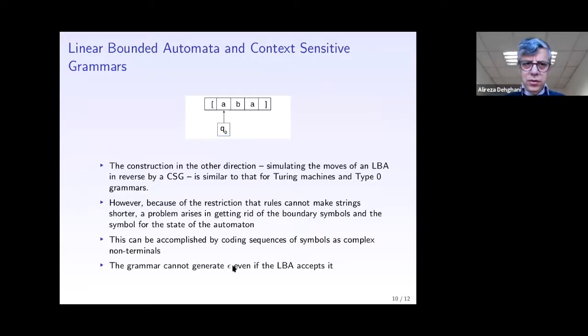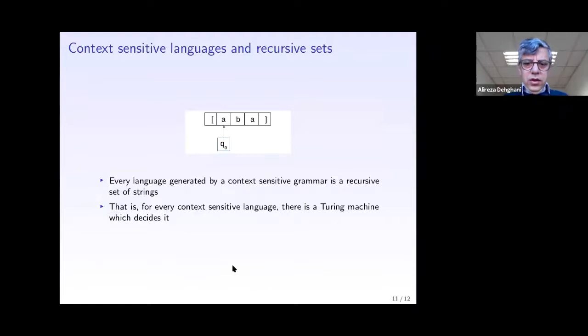Actually, I discussed it, but I read through the whole thing. Context sensitive and recursive sets. Every language generated by a context sensitive grammar is a recursive set of strings. That is, for every context sensitive language, there is a Turing machine that decides it. Why? Because context sensitive languages and grammars are a subset of Turing machines in the hierarchy.